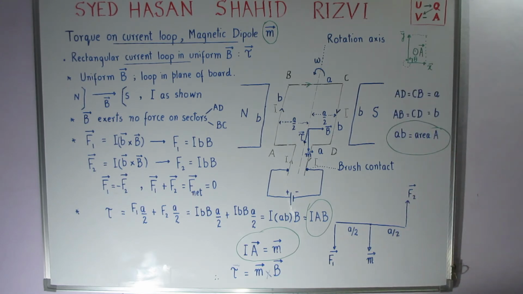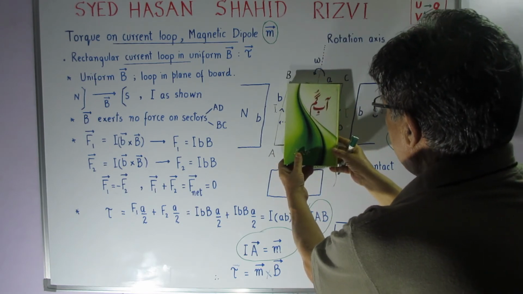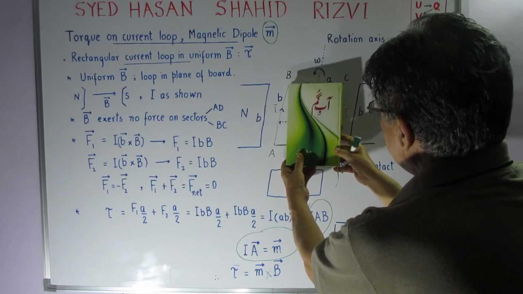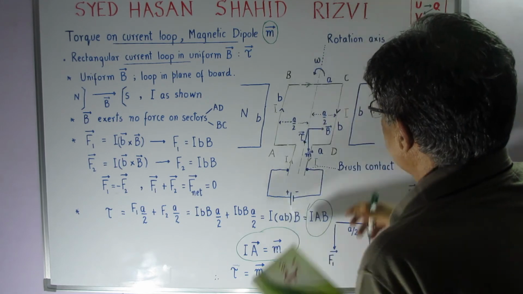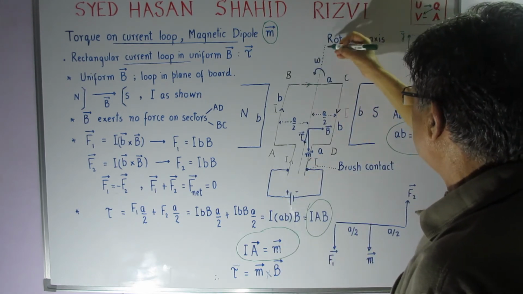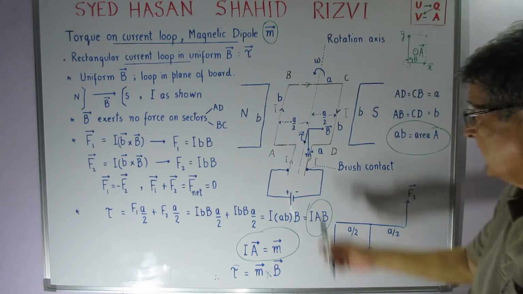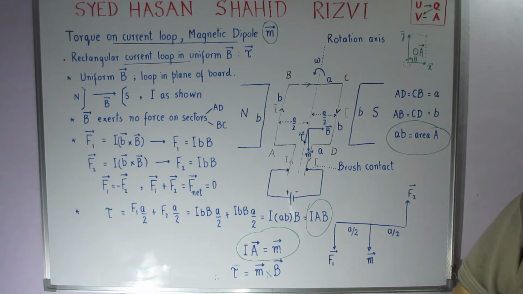Right now it is like this, and now I'll show you what happens when it is tilted like this. This is rotated along an axis which is midway through it, and we rotate it the way it has been shown with an angular velocity omega.